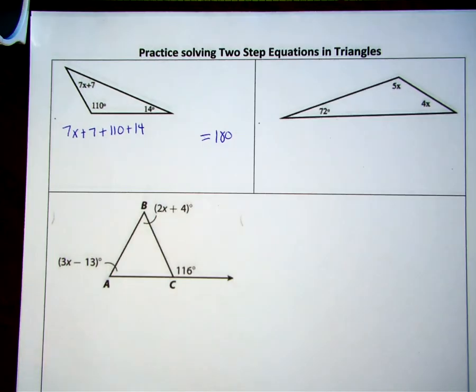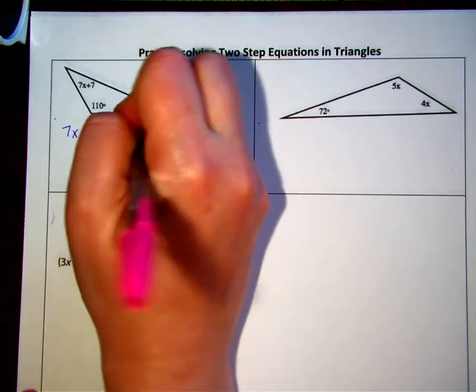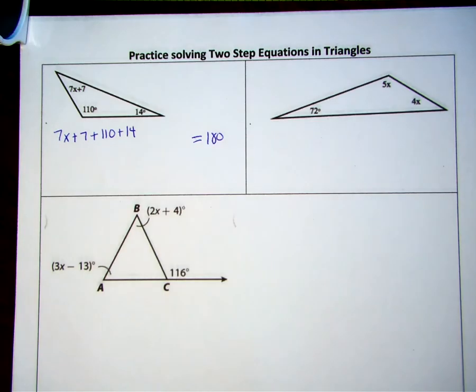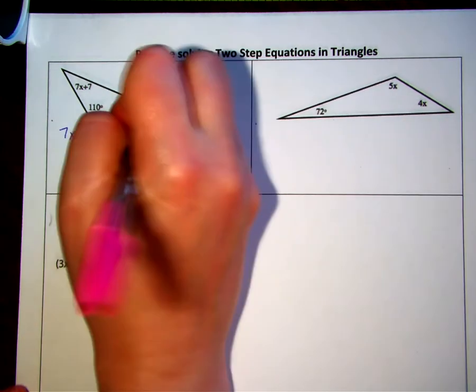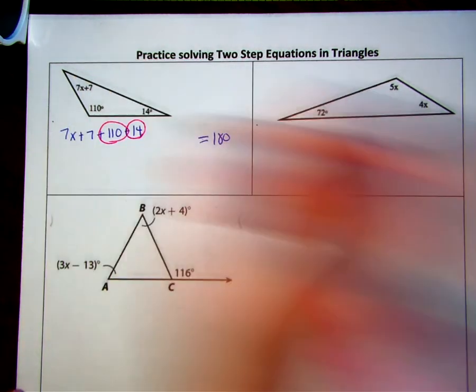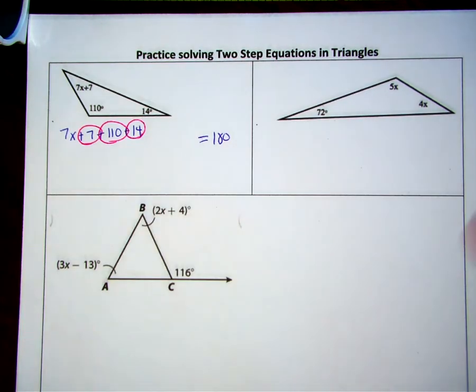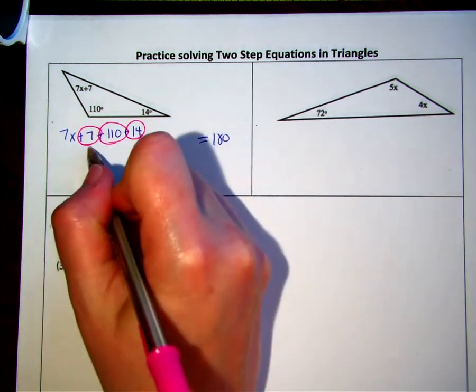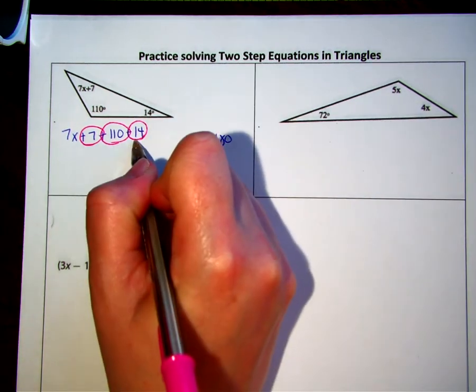So if we combine our constants, which are positive 14, positive 110, and positive 7, all of those are positive, so you're just going to add them all together. First, 7 and 14, that would be 21.